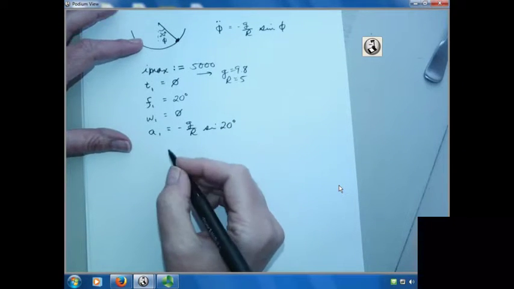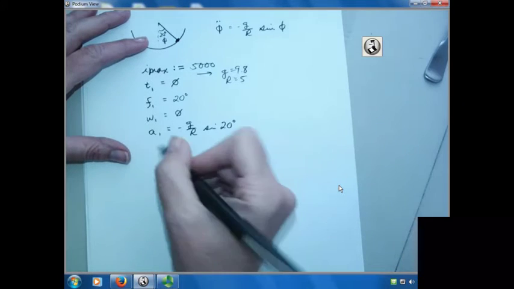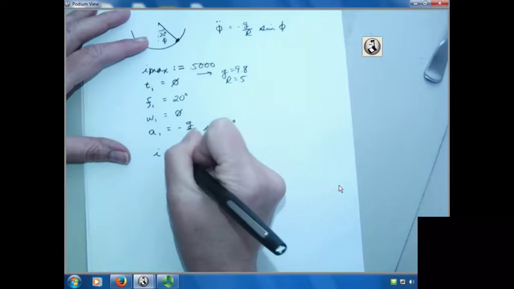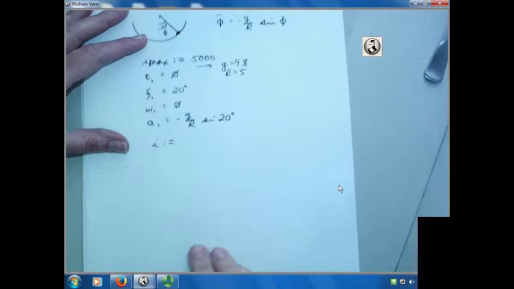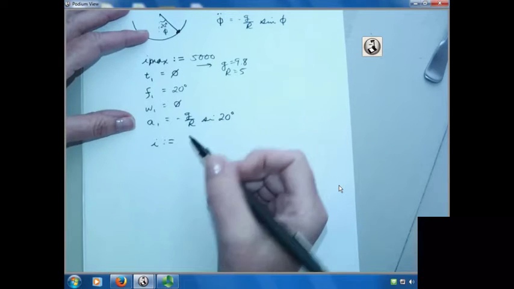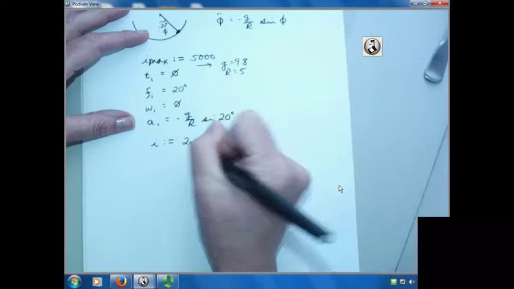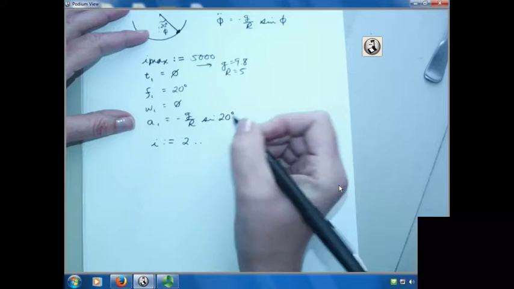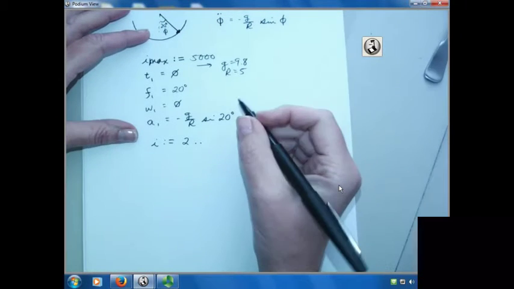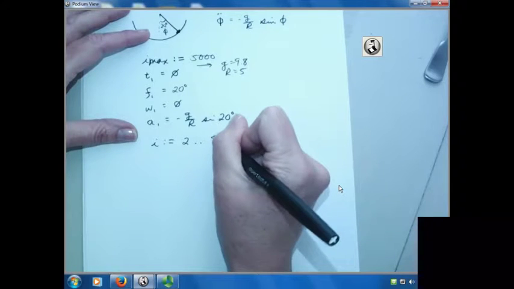Now I'm ready to do a loop. So I will let I be equal to, which means make a colon, and then you'll get this colon equals symbol. And because I let 1 be my initial value, I'm going to count from 2 up to, what do I want to count to? Let's go with 5,000.